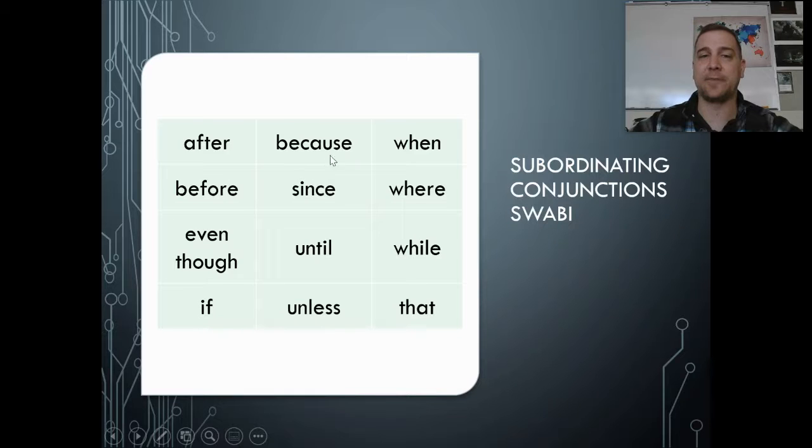And they're words like after, because, when, before, since, where, even though, until, while, if, unless, that, right? You're going to use because, if, and that a lot. The rest of the words you'll use somewhat frequently. But these are subordinating conjunctions. If you put them at the beginning of your sentence, you're turning your independent clause into a dependent clause.